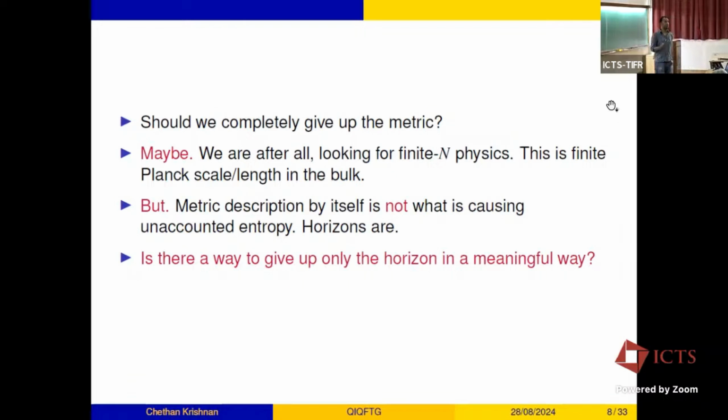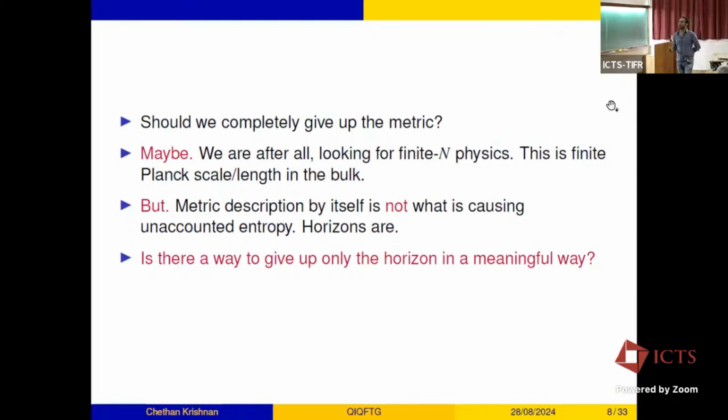That's a reasonable guess because, as we heard today morning in the very nice talk of Gautam, finite N physics seems to discretize everything. So maybe, looking for finite N physics, we are looking for finite Planck length physics in the bulk. But if that is the case, then there is no hope of any kind of bottom-up thing that I'm talking about.